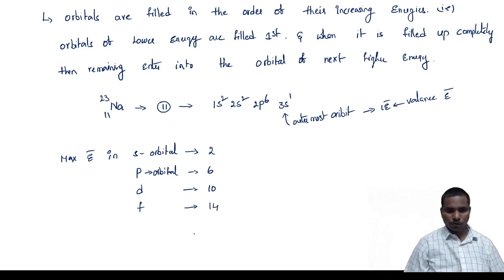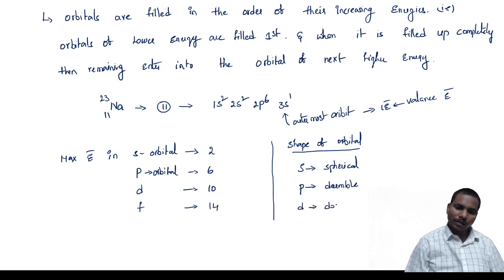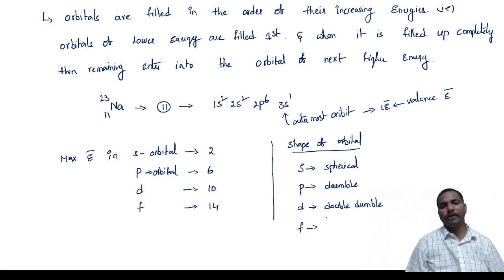Sometimes they will also ask a question on the shape of orbitals. The s orbital is spherical in shape, round. The p orbital is dumbbell shaped. The d orbital is double dumbbell shaped. Finally the f orbital has a shape, but we cannot define it.